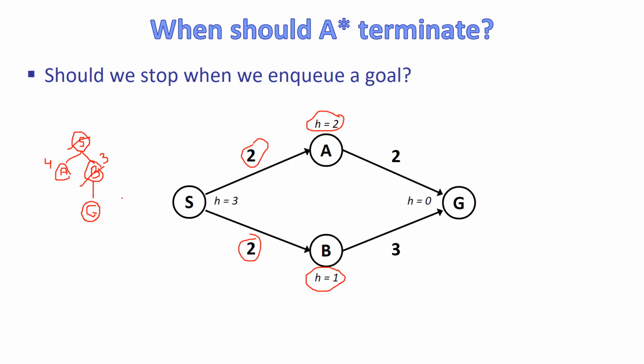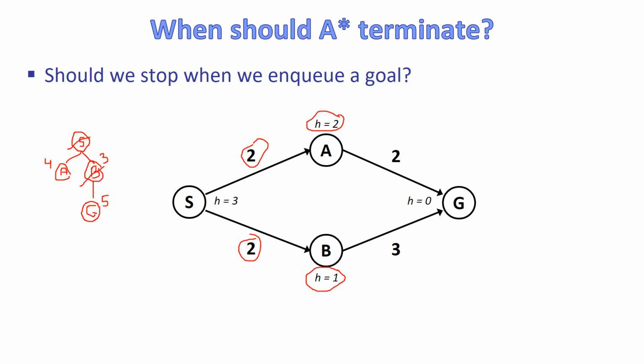Okay, so 3 plus 2, which is 5, plus the forward cost. No, the forward cost is 0, because the H here is 0, right? So the backward is 5, forward is 0, so the total will be 5.